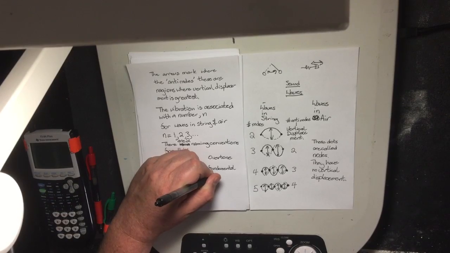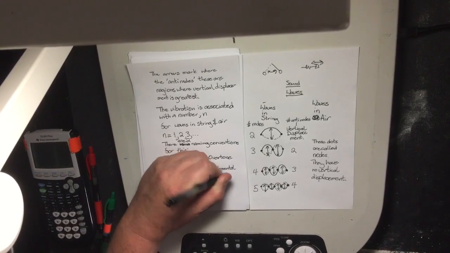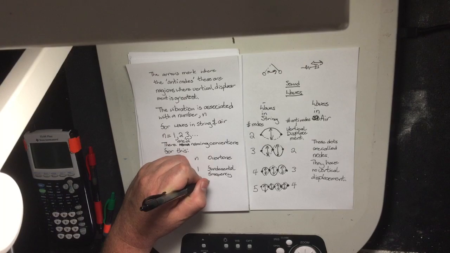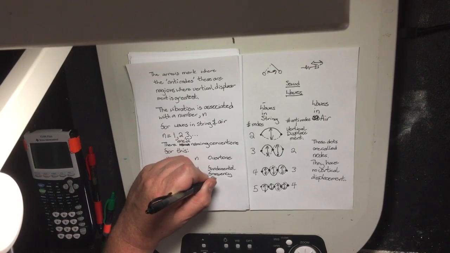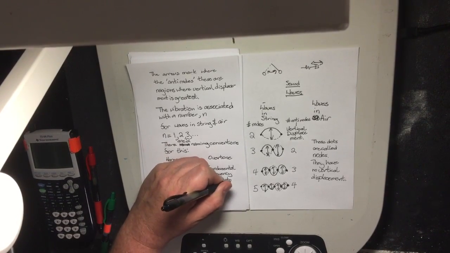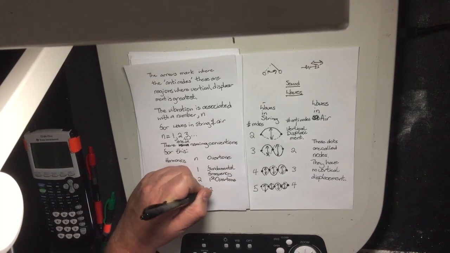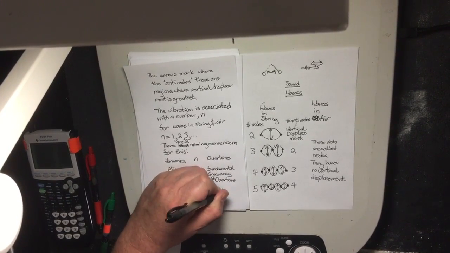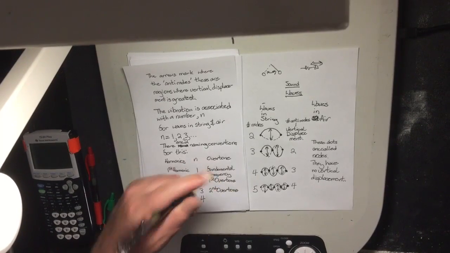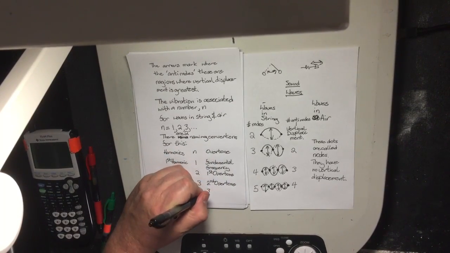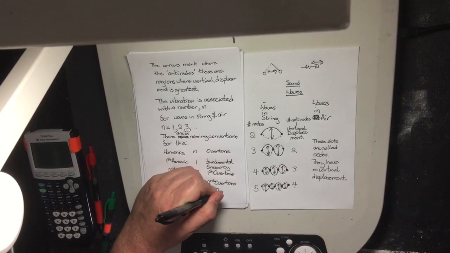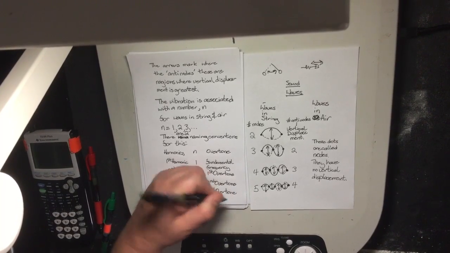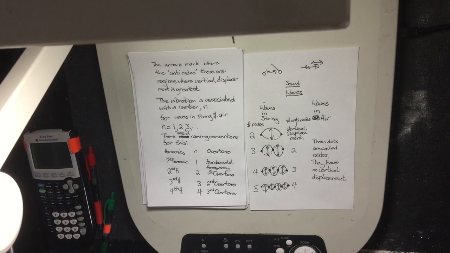Fundamental frequency, two is first overtone, 3, second overtone, 4, third overtone, etc. So if you're going to use the overtone naming convention: fundamental frequency, then the first overtone, second overtone, third overtone.